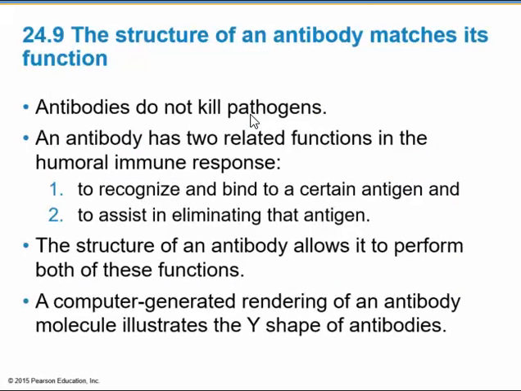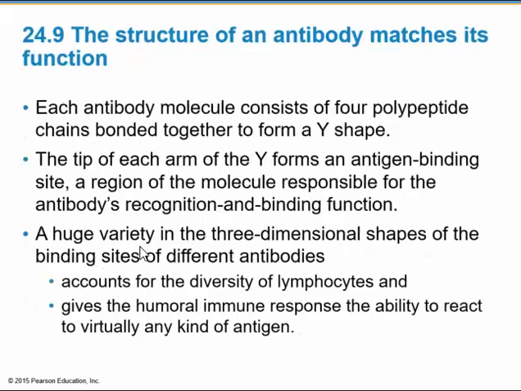Now, antibodies don't kill pathogens, they just sort of neutralize them. They help in getting rid of them, but they don't do it by themselves. An antibody is a protein molecule made up of 4 polypeptide chains.